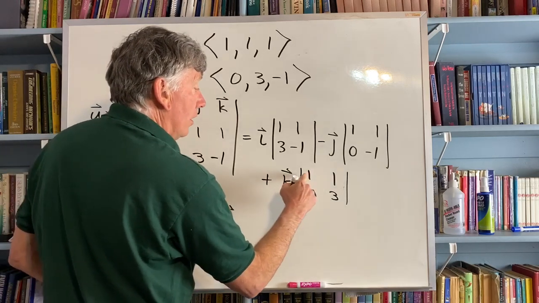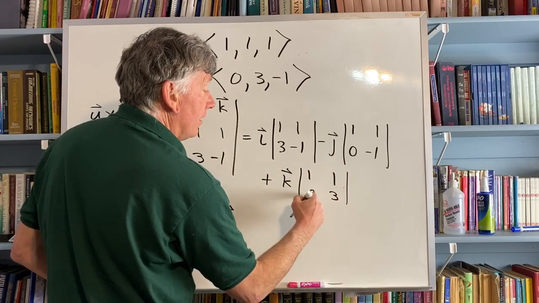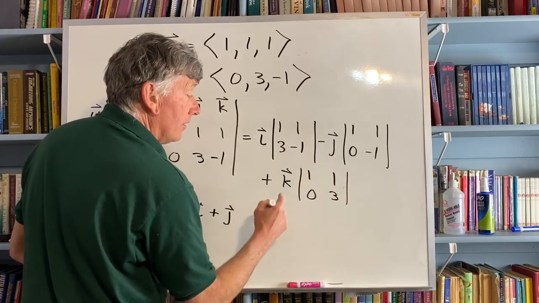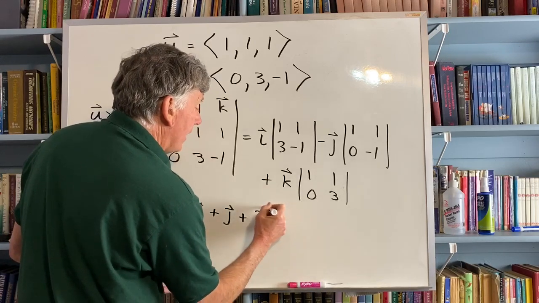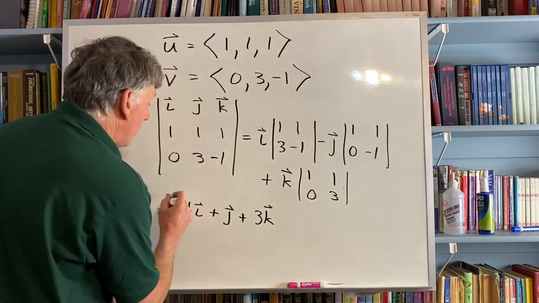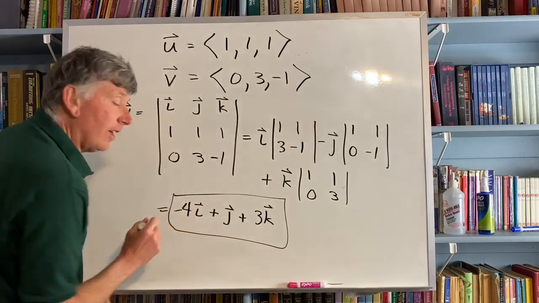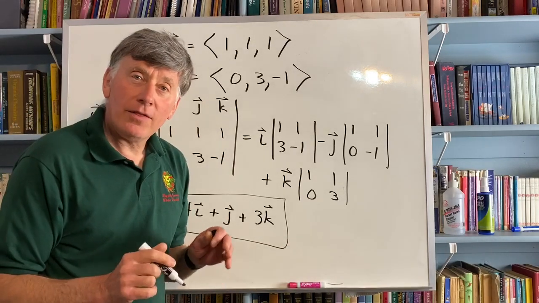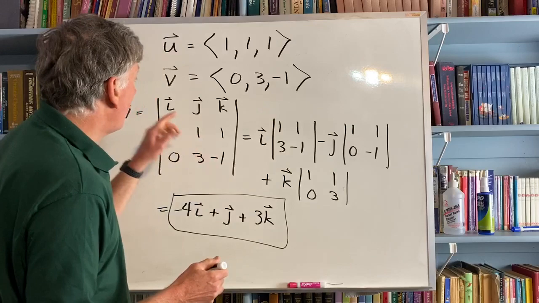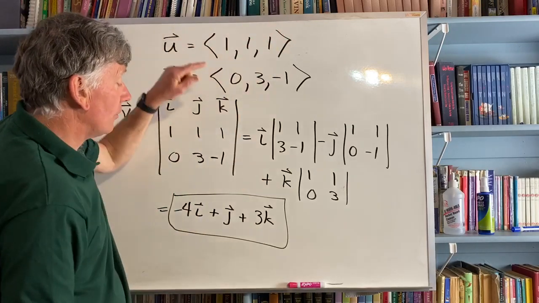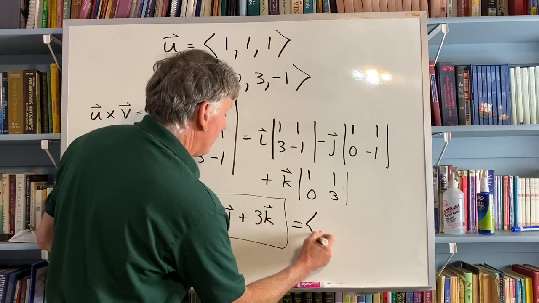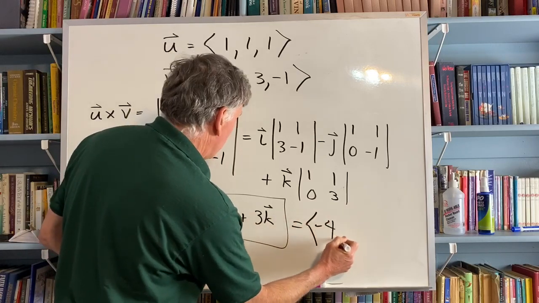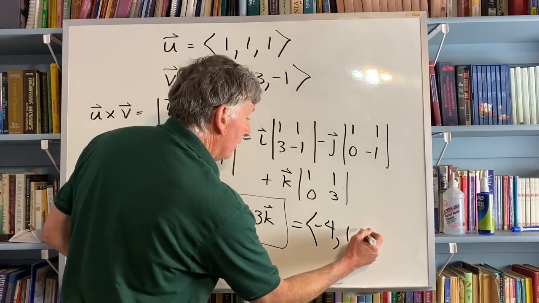And then 1 times 3 minus 0 times 1 is 3, so that's going to be plus 3k. This is the cross product vector that I get when I do the cross product of these two vectors. So I get a third vector, which we can of course also write as minus 4, comma, 1, comma, 3.